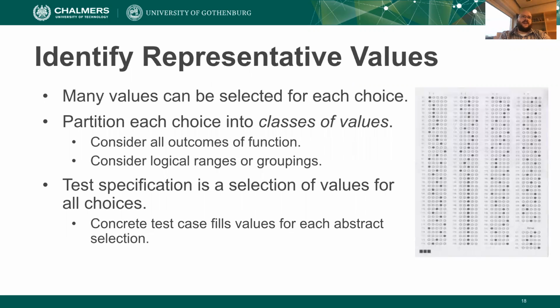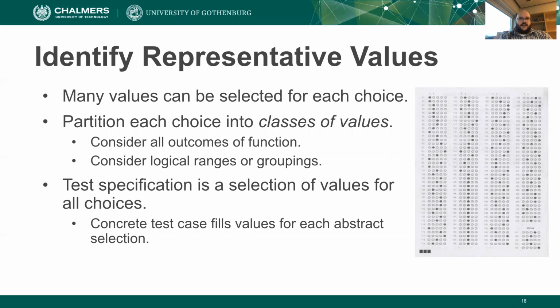Okay, so again, just like last time, we now want to form our test specifications by coming up with representative values for each of those choices. What are our options? We have many values that we could possibly select for each of these choices in this scenario, especially if these correspond to your input variables for the system, where we may have a near infinite number of possible selections for a choice because we're talking about the space of all possible components or all strings or all integers or things like that.